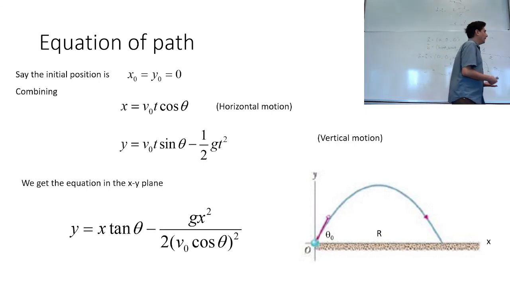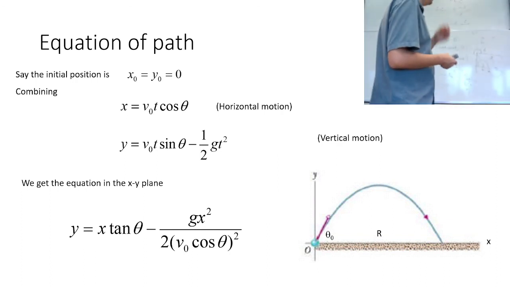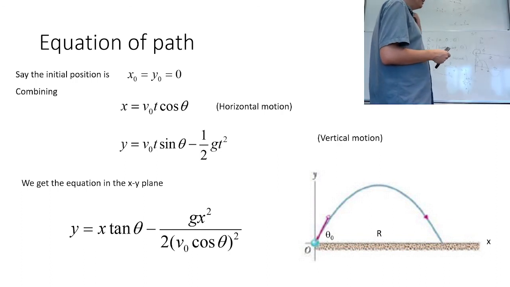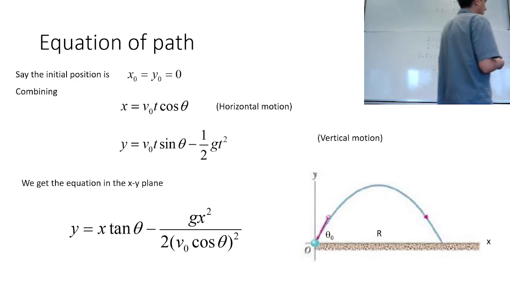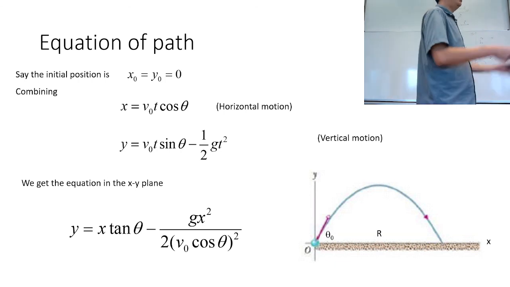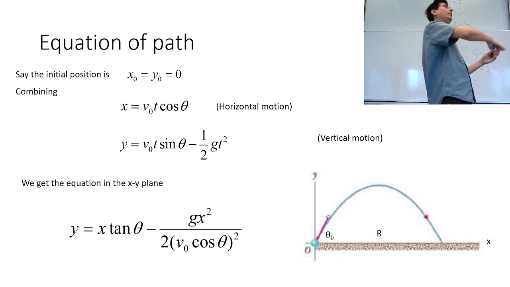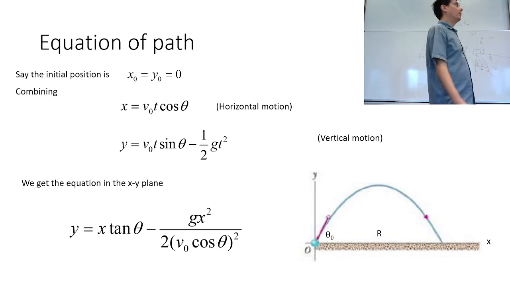Okay, so from some of these equations we can work out the equation of the path. If you looked at a video of this object, you would see that it's moving in a parabolic shape, right?